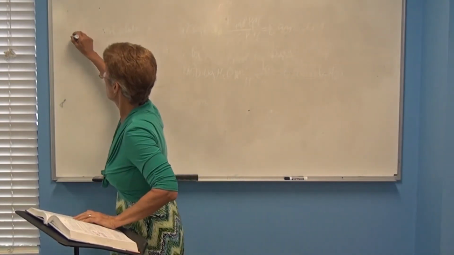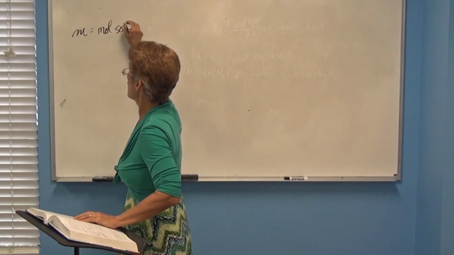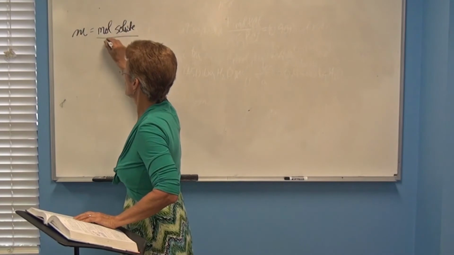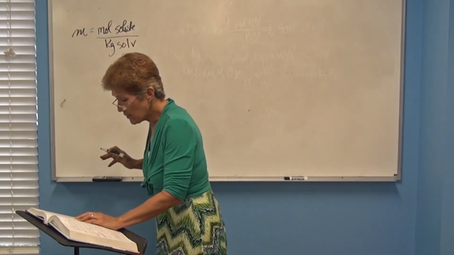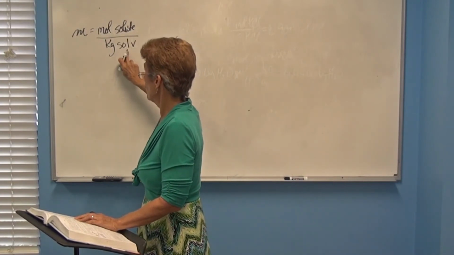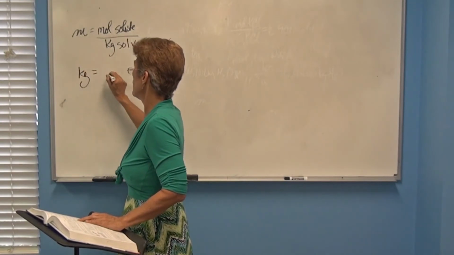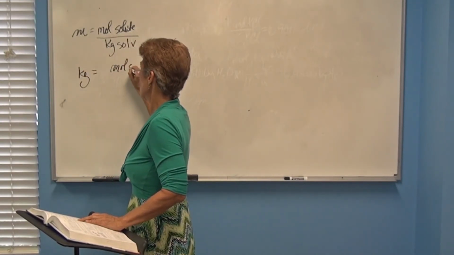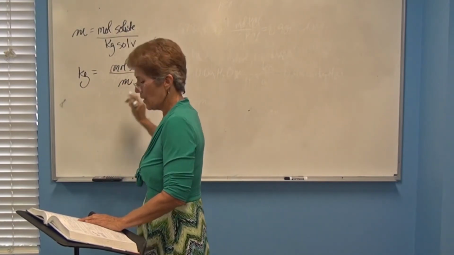So once again, we have the molality equals the moles of solute over kilograms of solvent. In this case, we are looking for this. If we solve, we get kilograms of solvent equals the moles of solute divided by the molality.